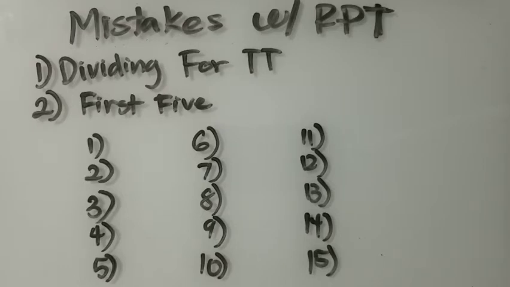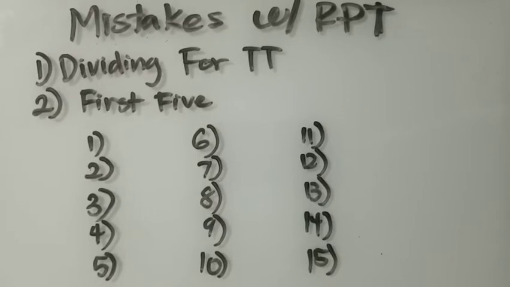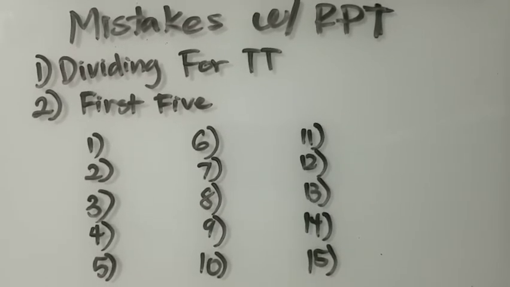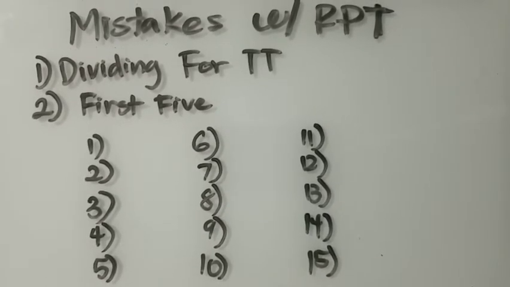Okay, so that's one of my first mistakes, and then the second mistake is the first five. When a swimmer misses and rests, they're not supposed to miss two in a row or three, because that means they're done with the whole set.